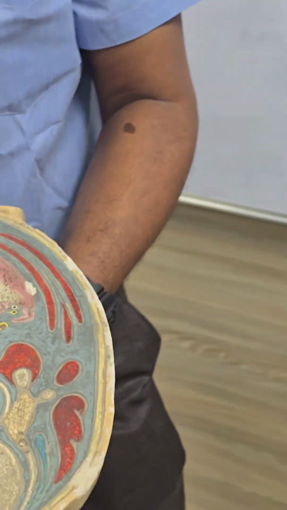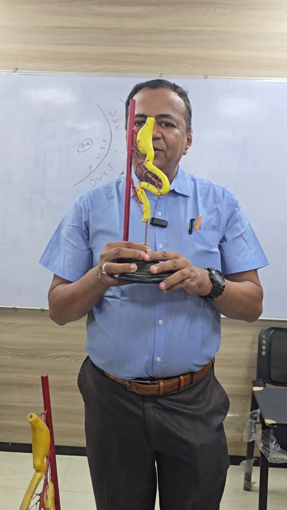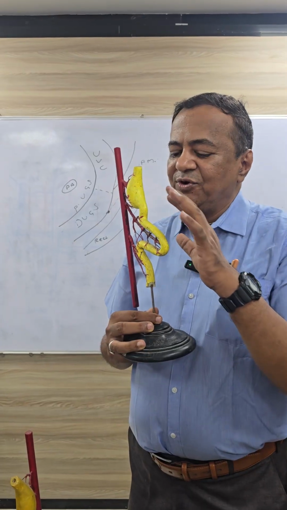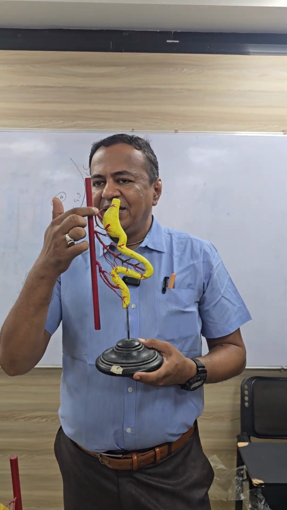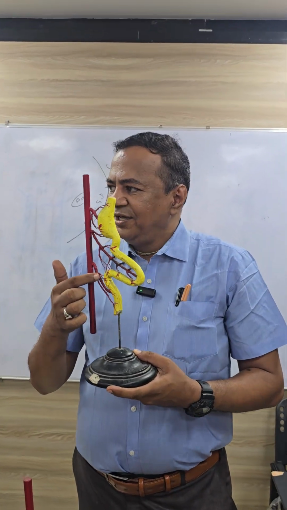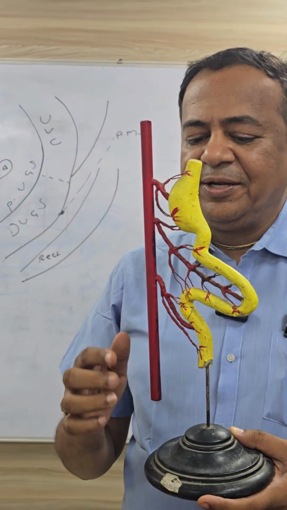Okay, thank you. So now in this specimen you can see the developing gut, the foregut, midgut and hindgut. You can see the three main arteries, the celiac trunk, superior mesenteric artery and the inferior mesenteric artery.